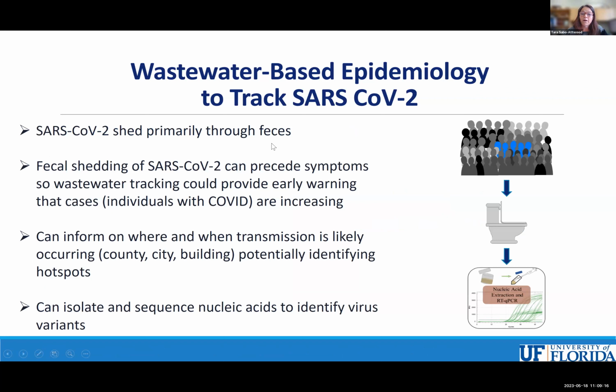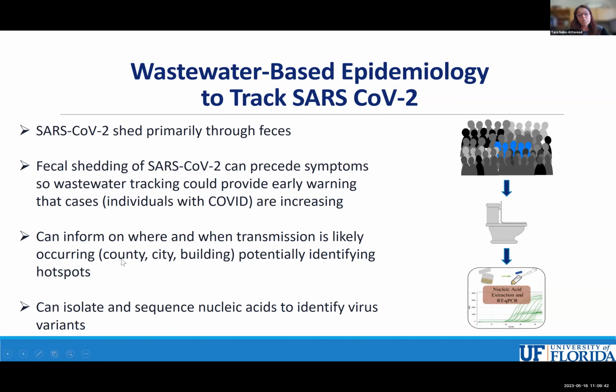So, back to that model of wastewater-based epidemiology, we have individuals that are going to shed these molecules into wastewater streams. And we also know that fecal shedding of SARS-CoV-2 can precede some of the symptoms you might see when you get sick from COVID-19. And so therefore, wastewater tracking could provide early warning that cases might be increasing within a community.